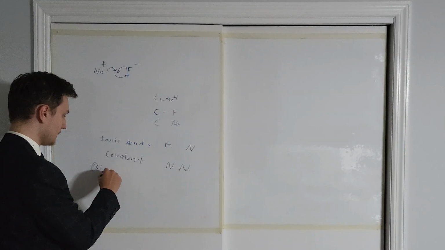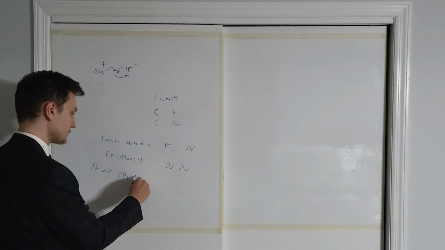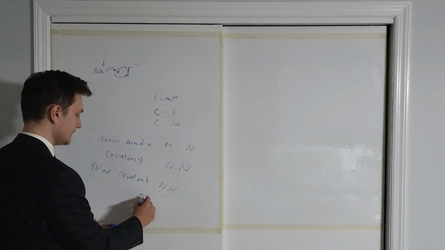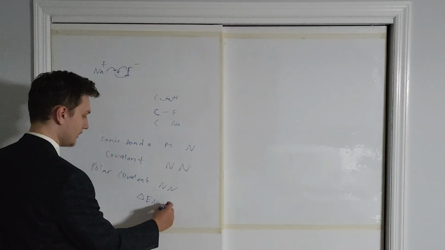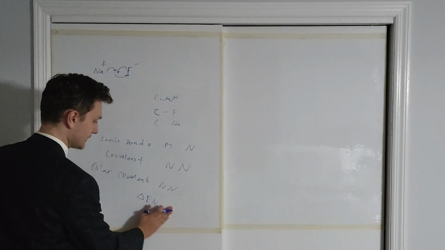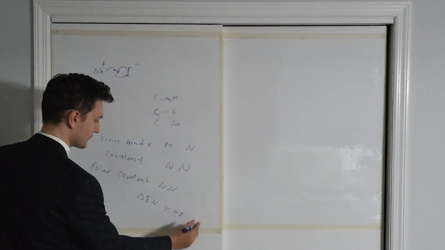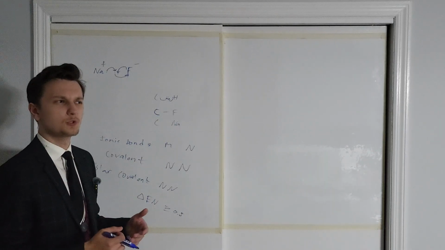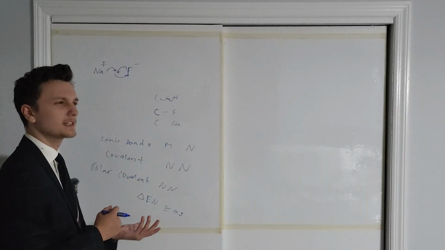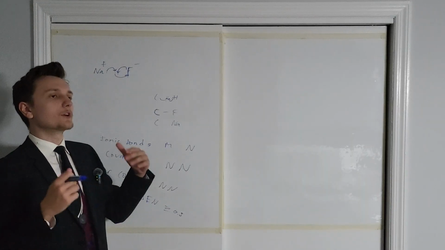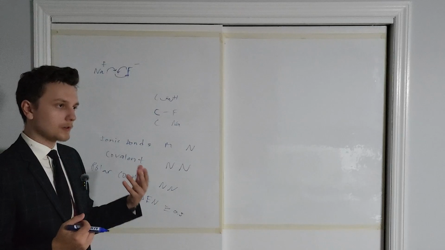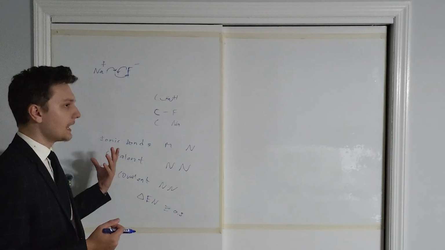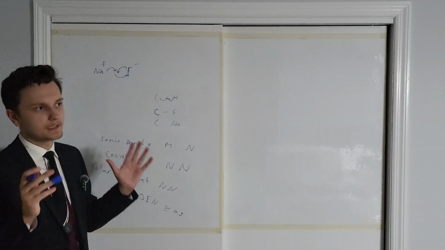Polar covalent bonds are again going to form between two nonmetals, but they need to have a difference in electronegativity of at least 0.5, okay? So carbon has an electronegativity of 2.5, hydrogen has an electronegativity of 2.1, I think. So if you have a carbon-hydrogen bond, hydrogen is a nonmetal, let me specify that, and carbon is a nonmetal, and the difference in their electronegativities is 0.4.